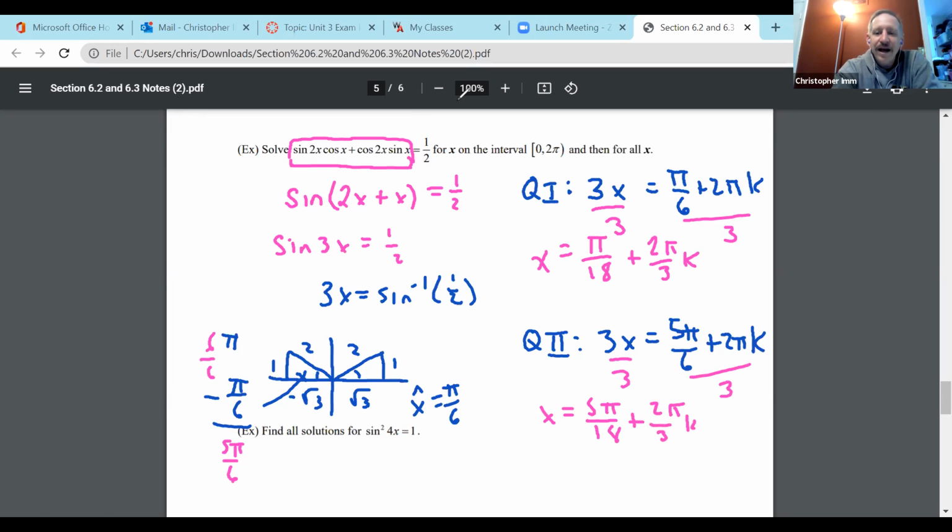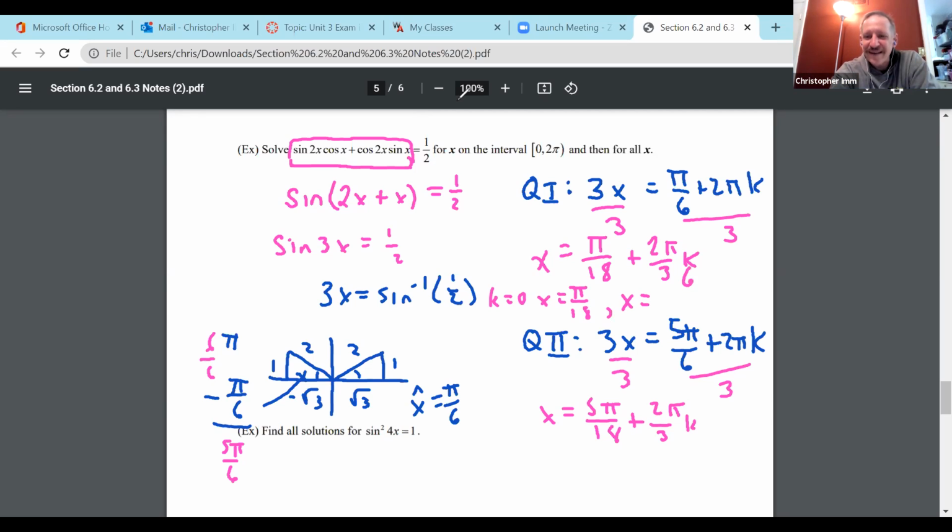So again, when k is 0, I have, of course, x is equal to pi over 18. When k is 1, I have pi over 18 plus 2 pi over 3. Wow, I should have just kept it as a common denominator there. So maybe I should do that.